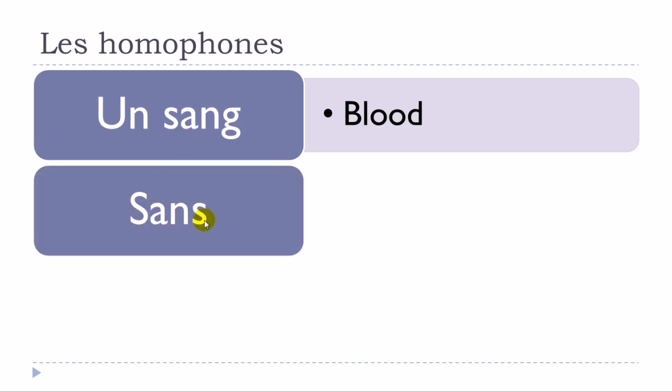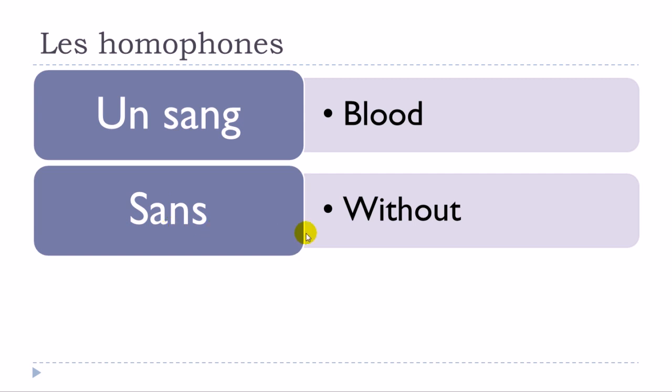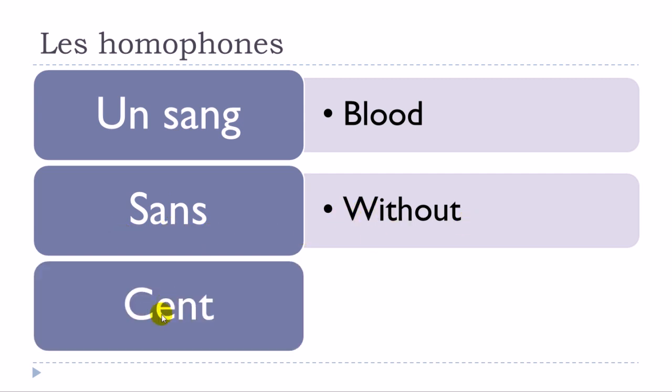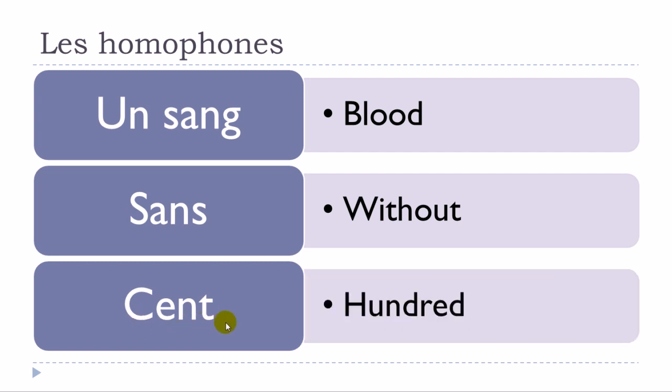And then here we've got this sans. Quite useful because it means without, sans. And we've got a third one, cent, written like that, and it's 100. Okay, so un cent, cent, cent.